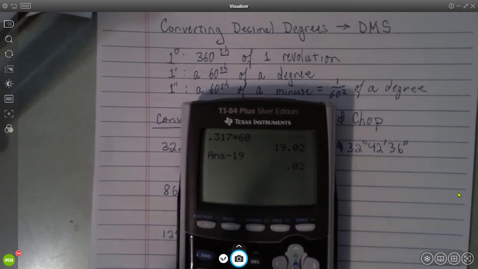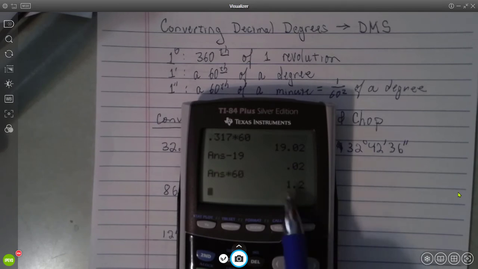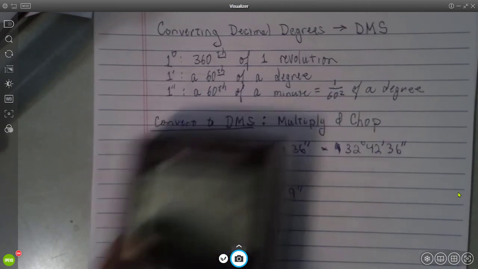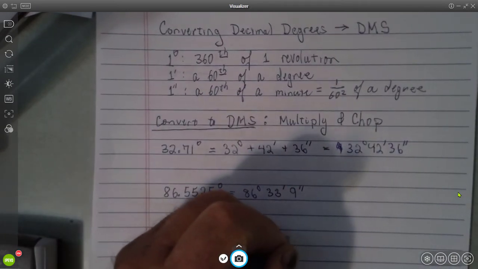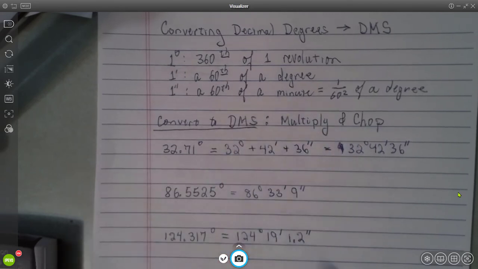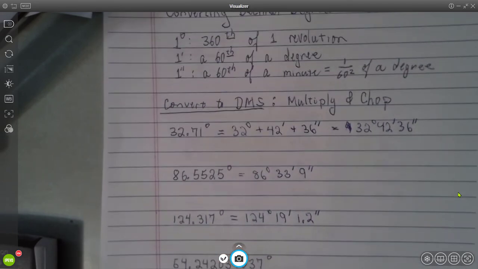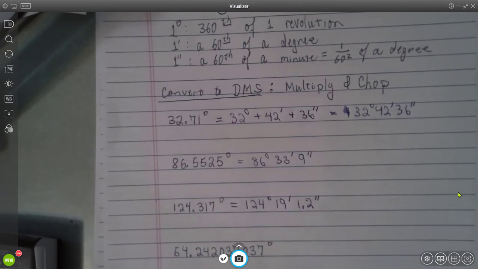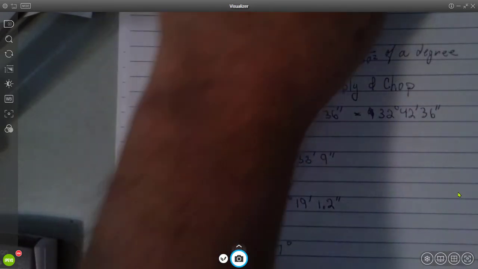And that'll be a useful trick next time. So 0.02 times 60 again to get the number of seconds. And notice that it doesn't come out even. We get 1.2. Well, there isn't a unit smaller than seconds in this system. So we just stop right there and call it 124 degrees, 19 minutes, and 1.2 seconds.